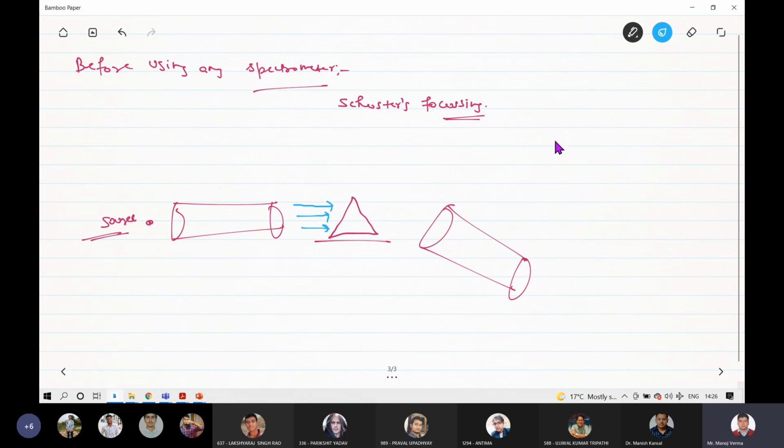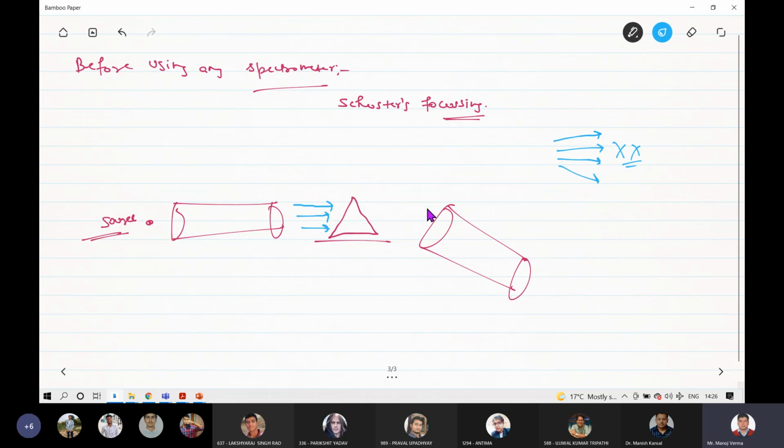This incoming beam cannot be divergent. This has to be a parallel beam.